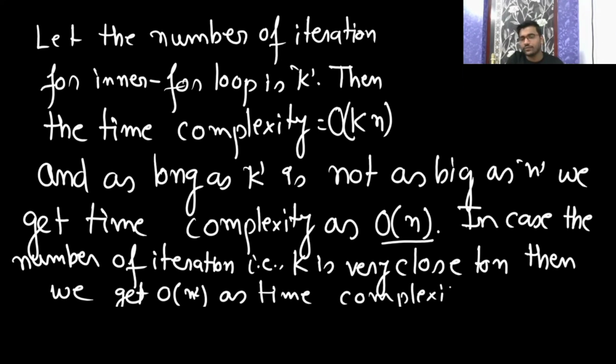So the worst case is going to be big O of n square. The average case is also going to be big O of n square, and the best case is going to be big O of n.